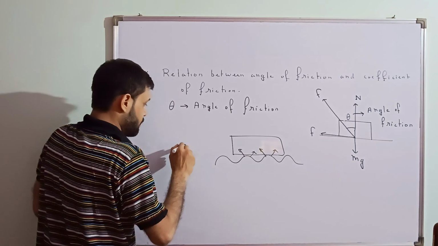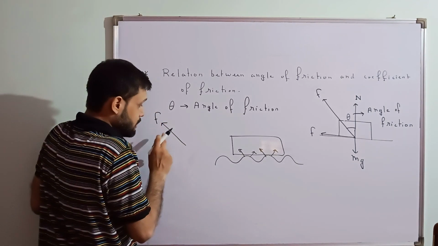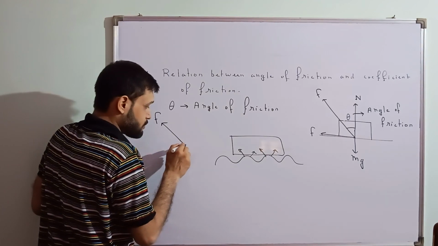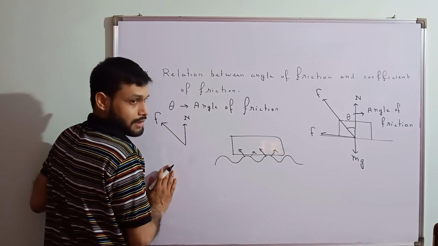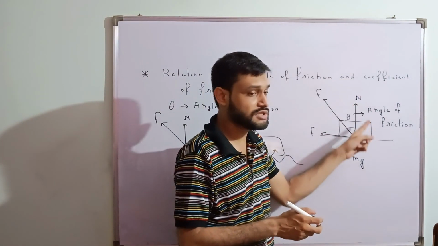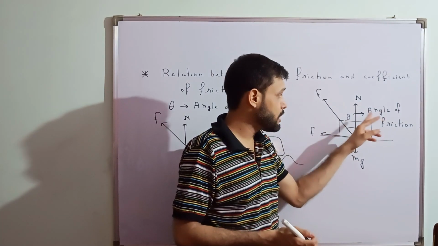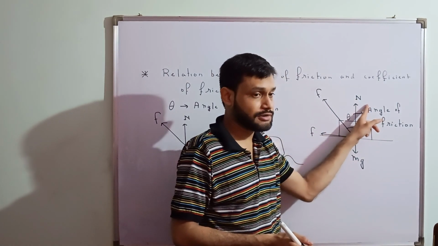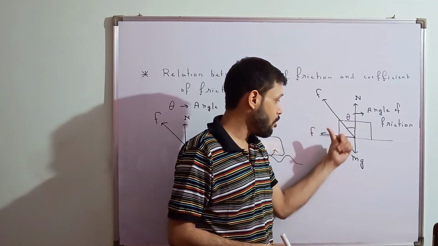Now when you are drawing this contact force, let's say it's F or whatever you are mentioning, there is one component of contact force which is normal to this. We are calling it normal reaction. Are you getting this thing? That's why every time this normal reaction is perpendicular to the surface. How can this happen? Just because one component of the contact force, we are calling it normal reaction. And the other component of the contact force is the horizontal component.